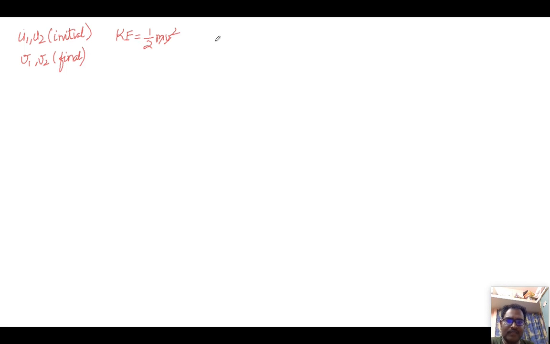Your kinetic energy before impact is equal to 1 by 2 m1 u1 square plus half m2 u2 square. So this is the energy before your impact.